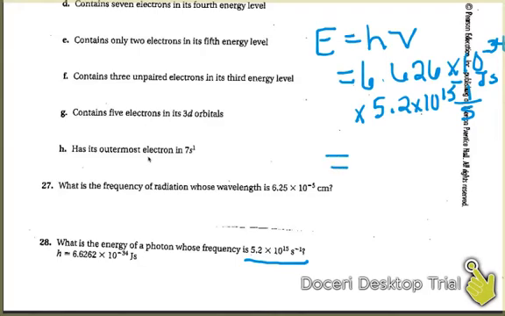Remember your significant figures. 5.2 only has 2 significant figures, so my answer can only have 2. So I'm going to round what the calculator gives me to 3.5 times 10 to the negative 18th. My seconds cancel out, so I am left with joules.